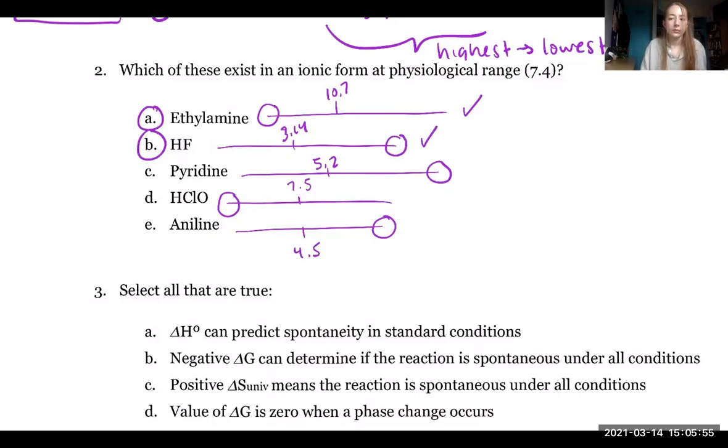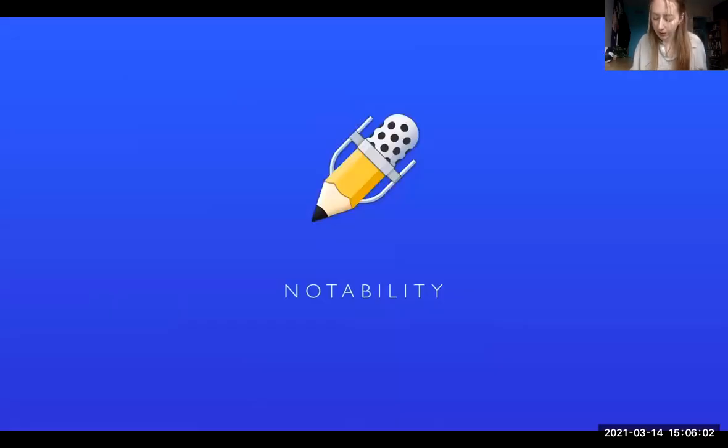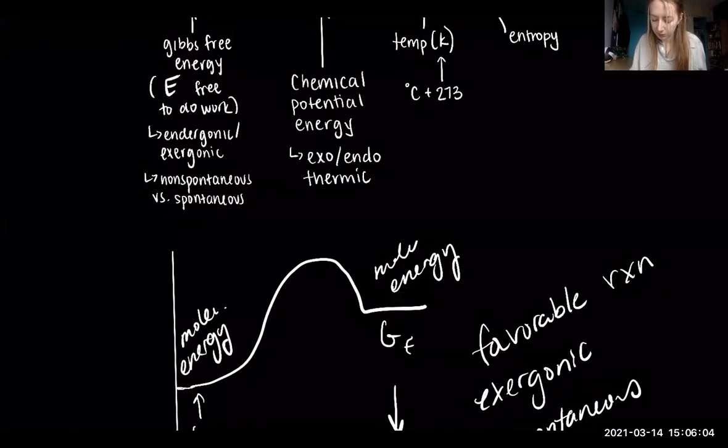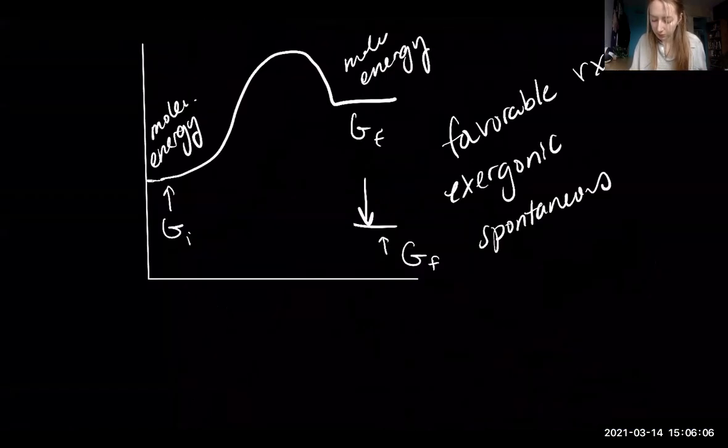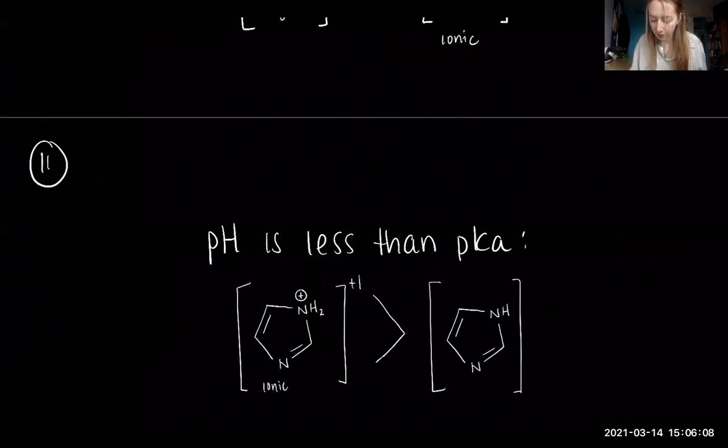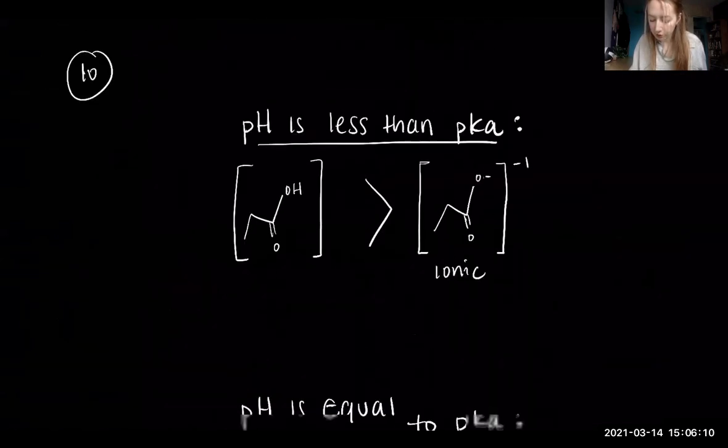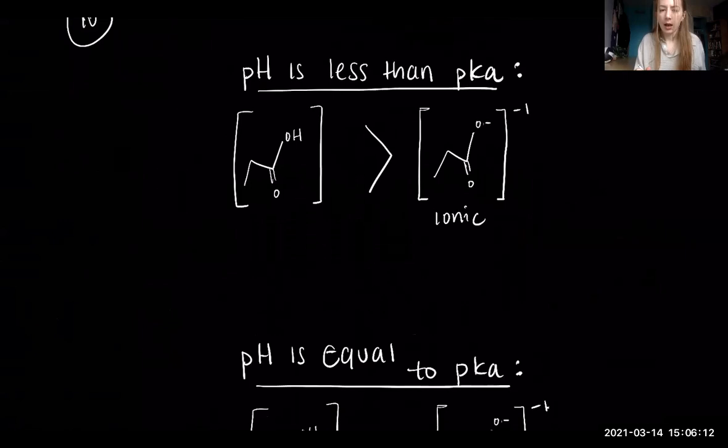Wait, so how do we know that they're ionized? Yeah, so I can jump to the review session information. Just to review, it's kind of a rule: when the pH is less than the pKa, the dominant form will be the protonated form.